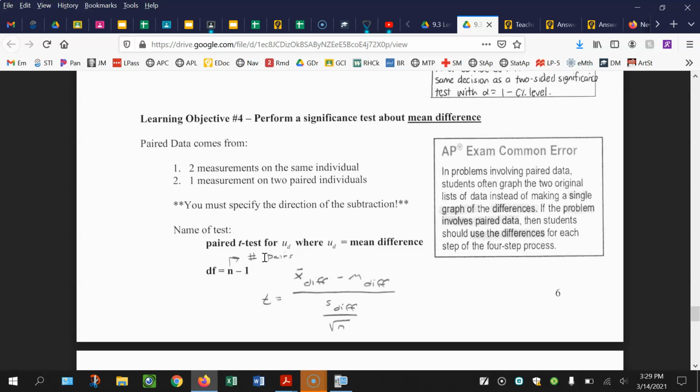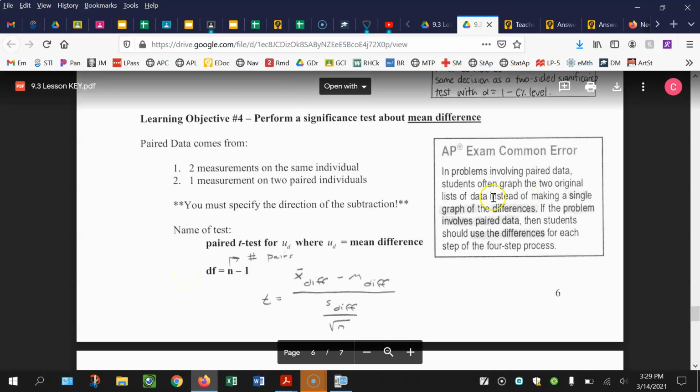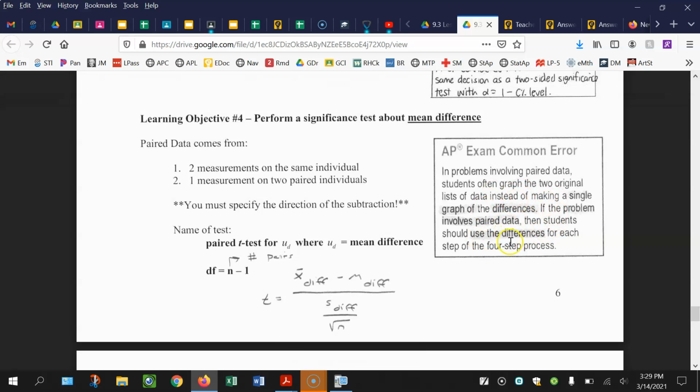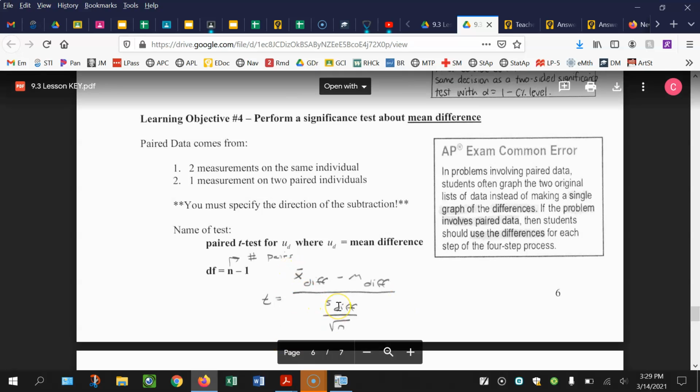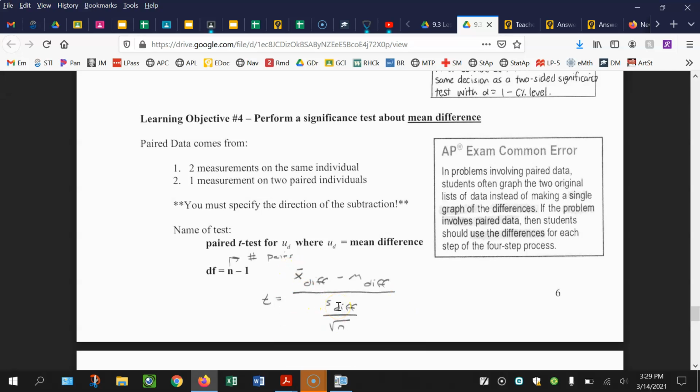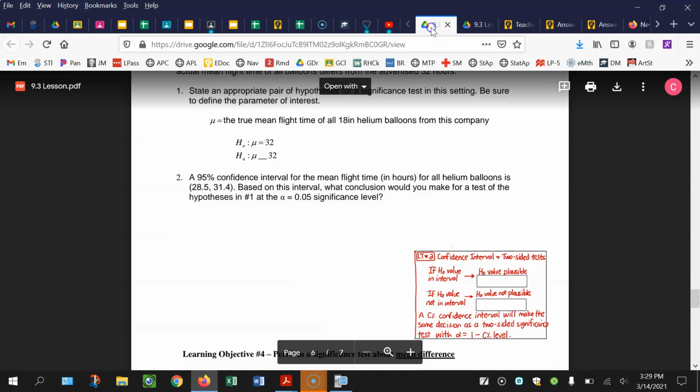So it's just 10 minus 1. And when we talk about the normal large sample condition, you're just making one graph of the differences. And you're always using the differences. What is the mean difference? What is the standard deviation of the differences? So we move on to page 7 here.